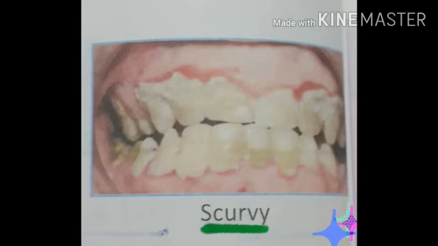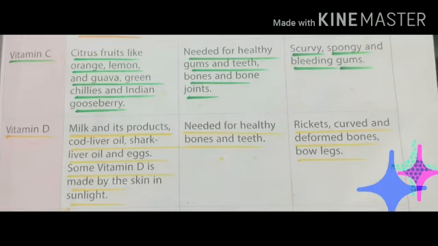Unhealthy teeth and swollen and bleeding gums. These are the symptoms of a person suffering from scurvy. It means this person is not taking vitamin C every day to make his teeth and gums strong.